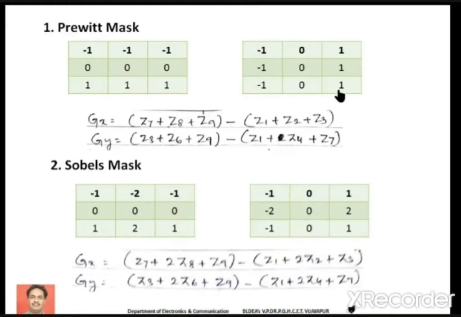If you observe, the last column has 1, 1, 1, the first column has -1, -1, -1, and the middle column has the values 0.